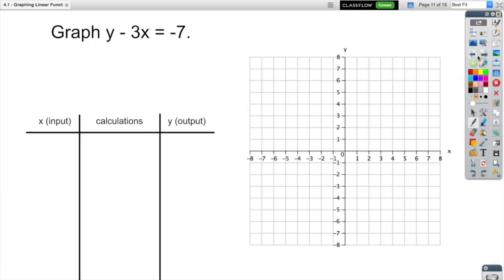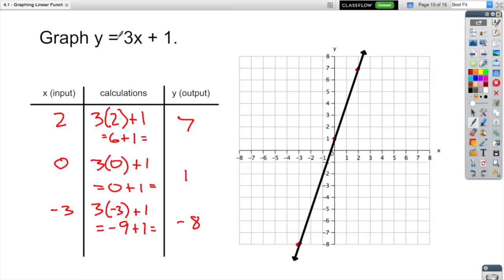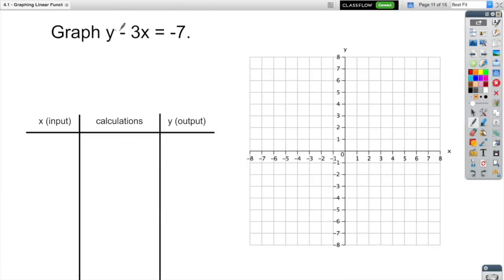All the other ones, like the one we just did, said y equals 3x plus 1. The other one said y equals something. So these were all set up to spit y out as the answer. But this one isn't. This one says y minus 3x equals negative 7. It's not set up to spit out our y output number.